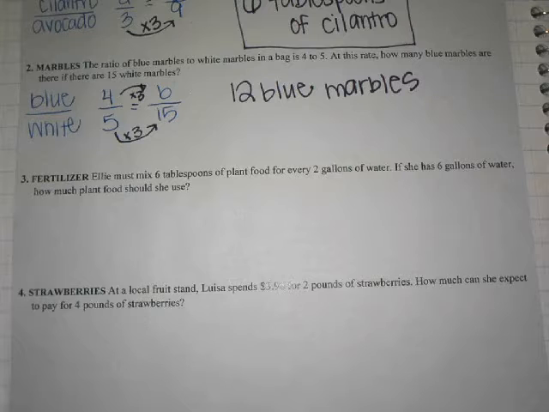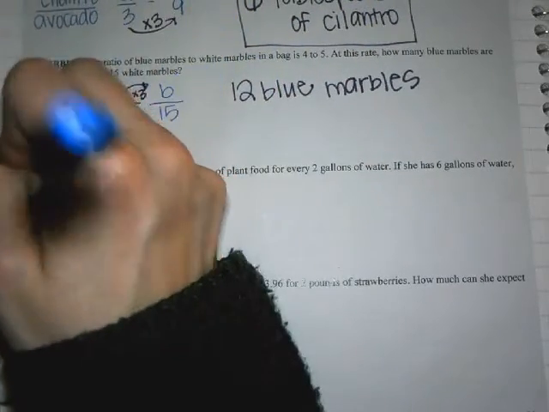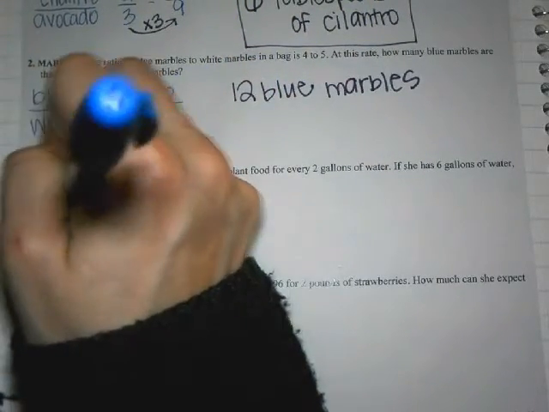Ellie must mix 6 tablespoons of plant food for every 2 gallons of water. What 2 things are we talking about and comparing? Okay, so I'm going to write plant food over water.